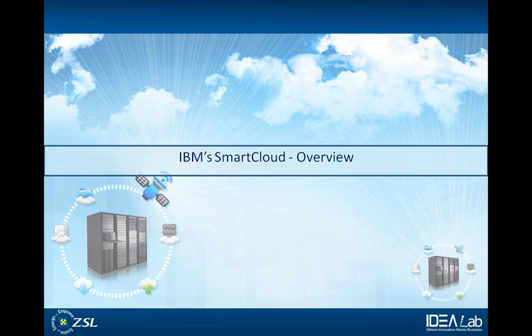So just wanted to highlight some of IBM's cloud initiatives. IBM's been in the cloud business for at least the last 2-3 years, and their offering is called Smart Cloud.